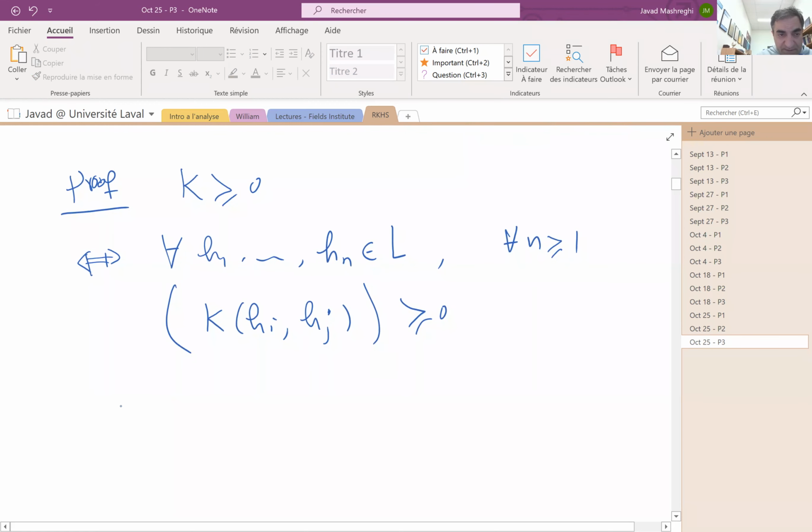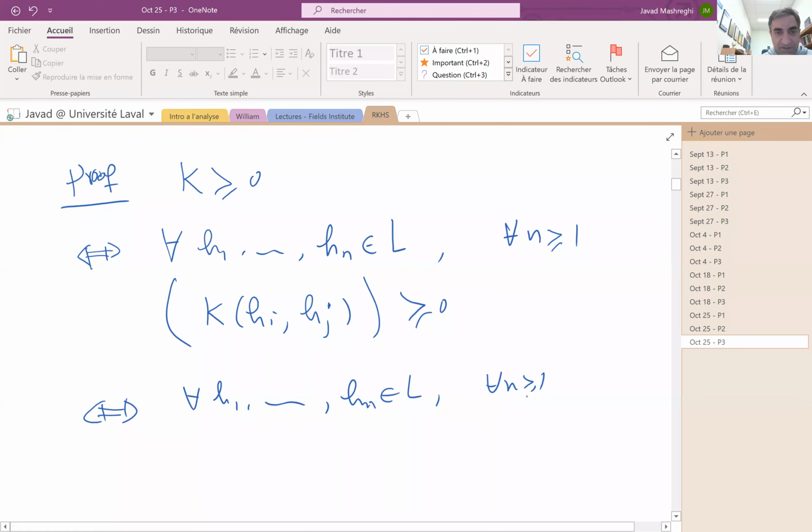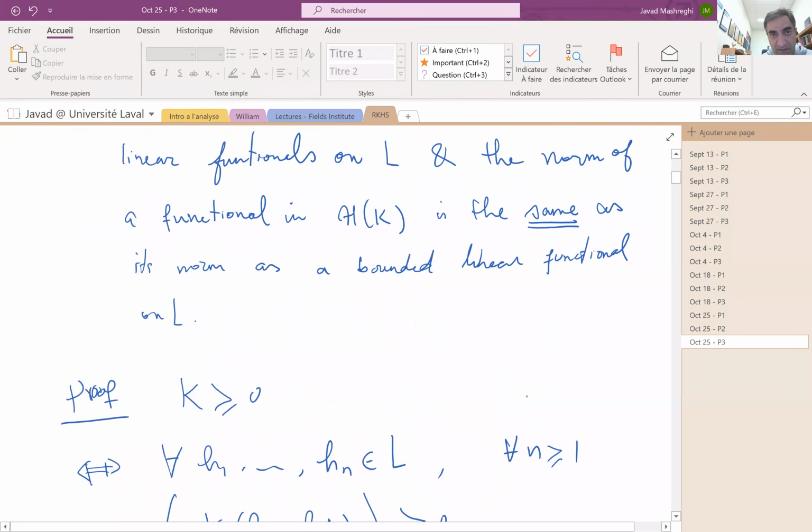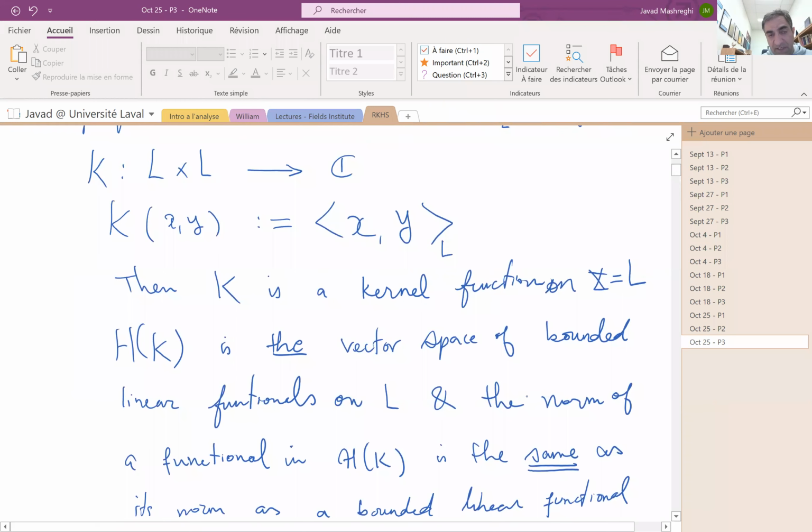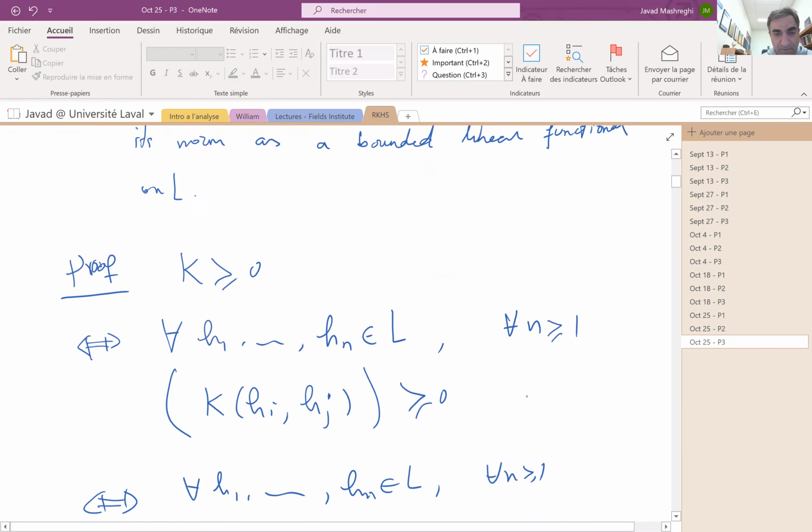And what is this? This is equal to, for any H1 up to Hn in L and for any n, the definition of K, K of Hi and Hj. By definition, K of x and y is the inner product of x and y.